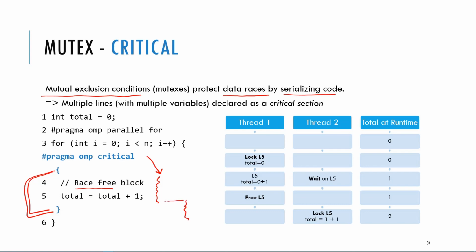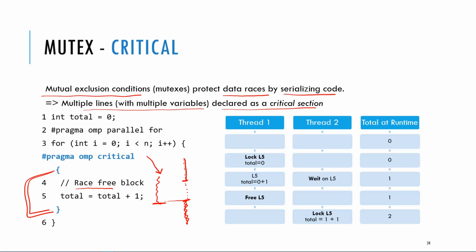So there is a guarantee that even if a thread finishes here at this moment, it has to wait and do nothing until this first thread finishes executing this piece of code before it can resume its execution. This defines multiple lines with multiple variables declared as a critical section.